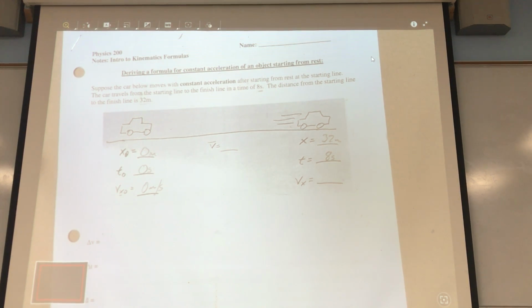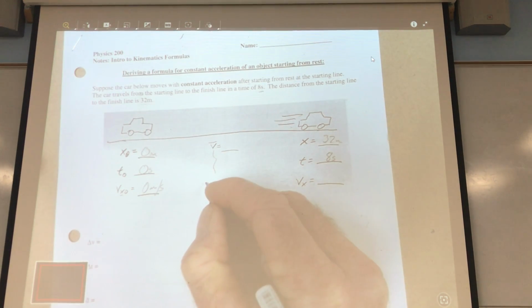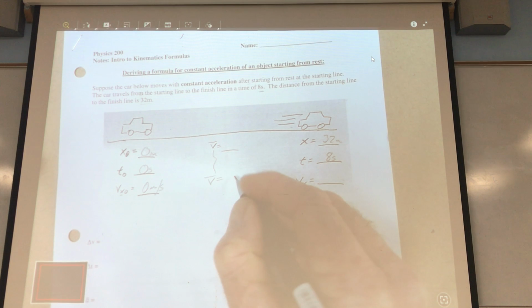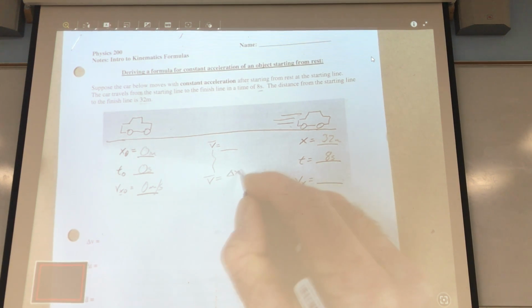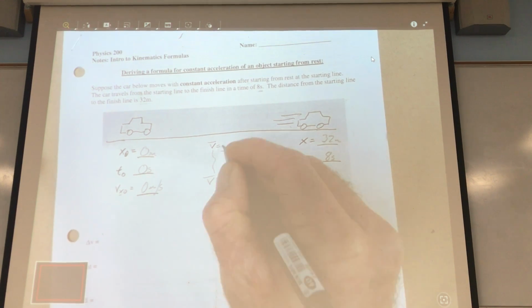So 4 meters per second is not the final velocity. That's average. Yeah, so if we want to use the formula, average velocity is change in position over change in time. You don't have to write everything out that I'm writing. 32 meters is delta x. We're going from 0 to 32, divided by 8 seconds, and that gives you 4 meters per second.